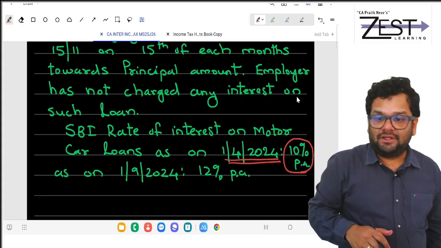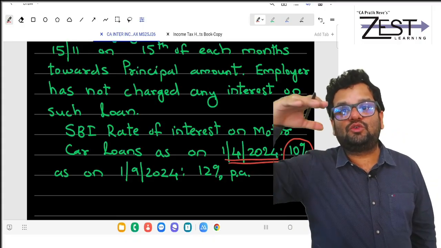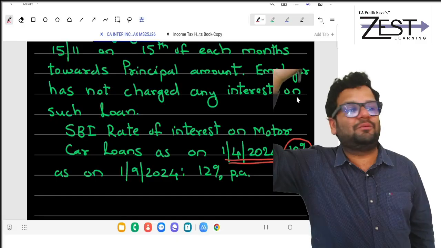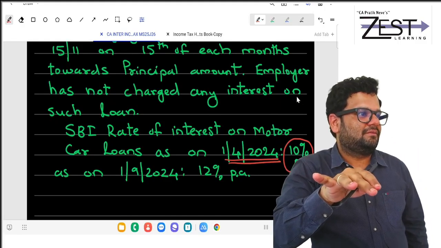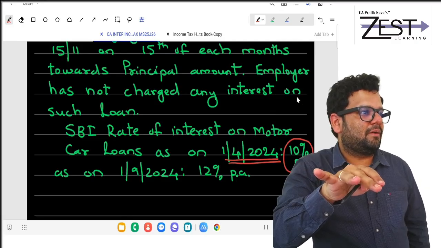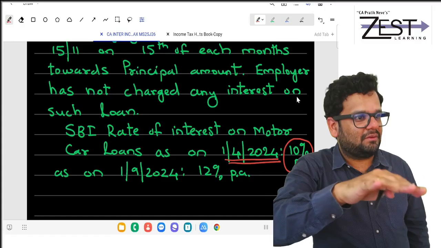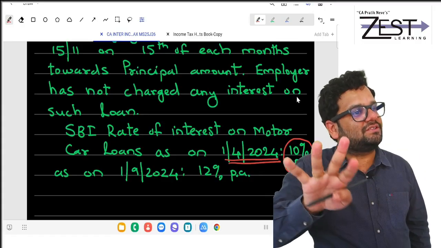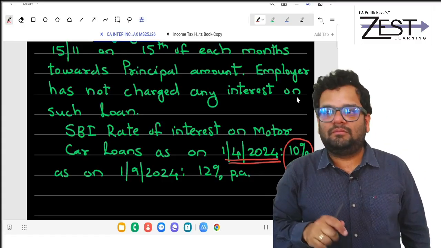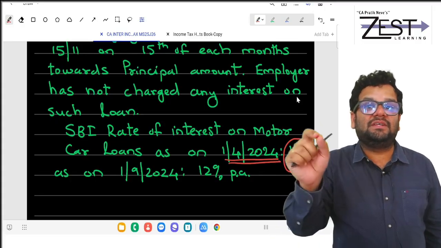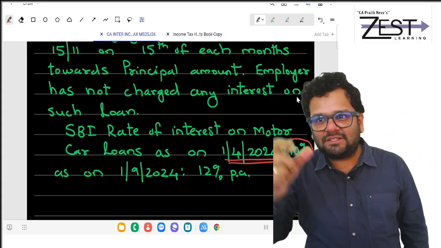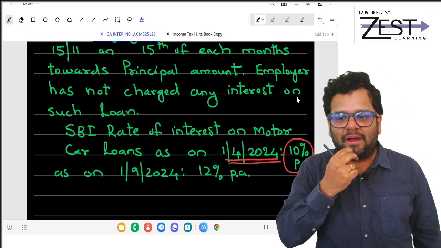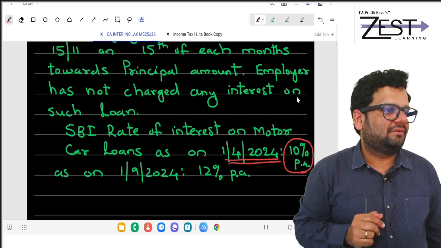Now friends, if the amount outstanding remains the same for all months, then the calculation is a single stroke. For how many months has the employee used the employer's money in this scenario?